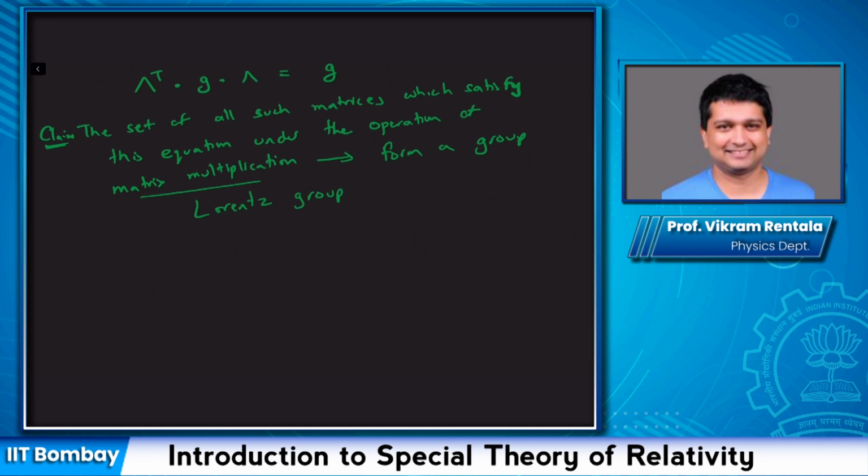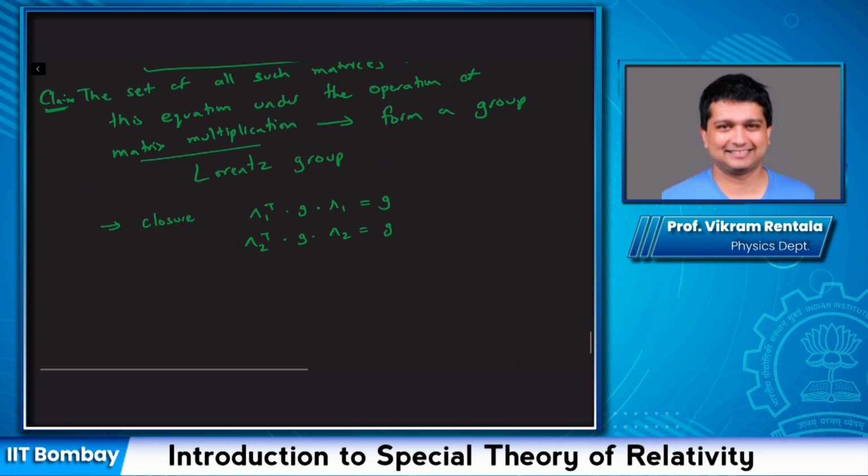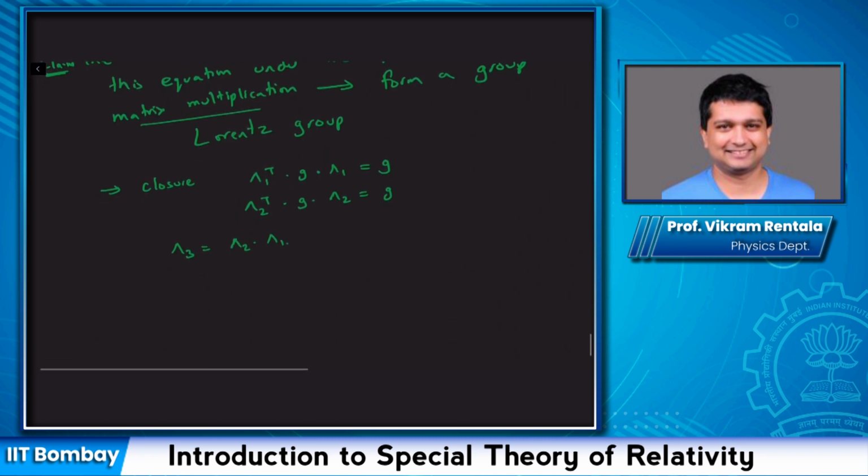The way to check it is that we check that we satisfy the 4 properties listed above. The first property is the property of closure. That is, if we take 2 matrices lambda 1 and lambda 2 that satisfy this equation, let's take 2 such matrices, then it should be true that their matrix product, that is, if we consider lambda 3, it should be true that the matrix product satisfies the same equation.